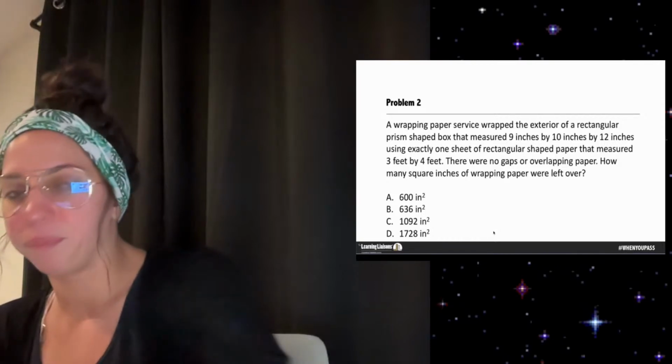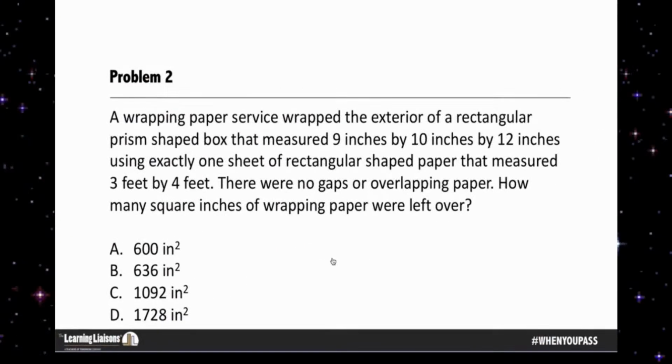All righty. Problem number 2. A wrapping paper service wrapped the exterior of a rectangular prism-shaped box that measured 9 inches by 10 inches by 12 inches, using exactly 1 sheet of rectangular shaped paper that measured 3 feet by 4 feet.